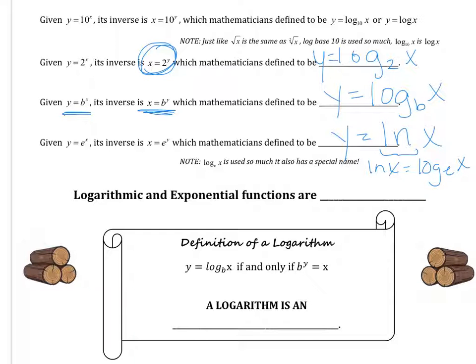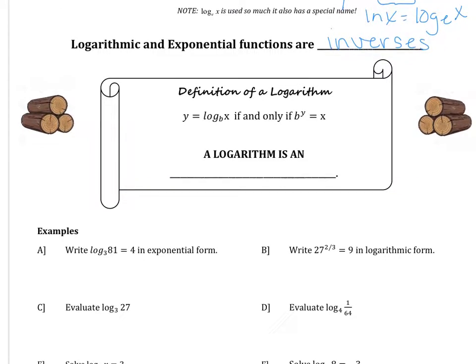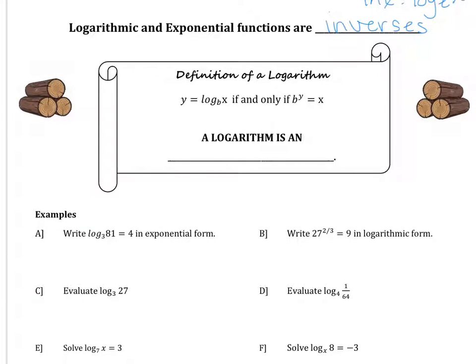So logarithmic and exponential functions, the big idea here is that they are inverses. So they will undo each other. All right, so the big definition here is that y equals log base b of x if and only if b to the y equals x.